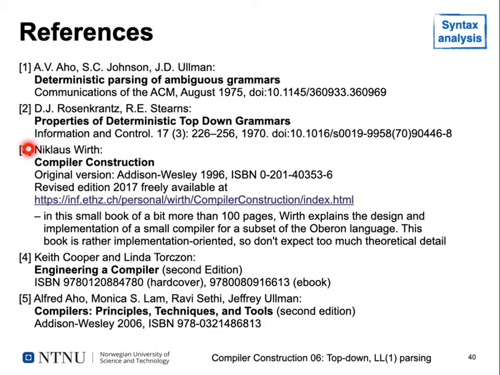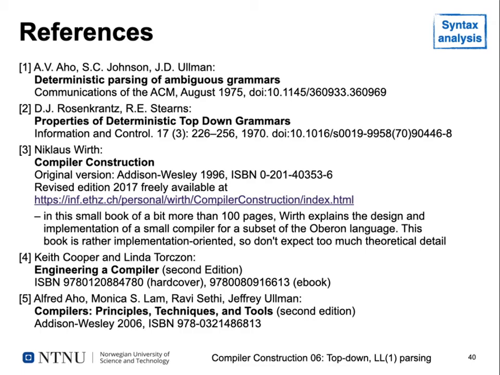This book by Niklaus Wirth on compiler construction, the 2017 edition, is freely available there. It's a bit more than 100 pages. It's written in a language you might not be familiar with, but it generates a complete small compiler for a subset, in the newest edition, of the Oberon language. It's rather implementation-oriented, so don't expect too much theoretical detail, which is fine with me. But of course, the language it uses is a bit restricted.